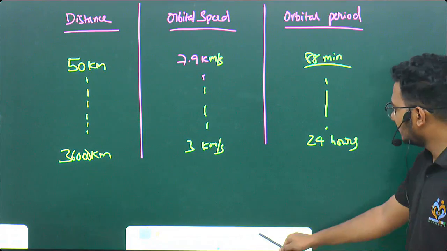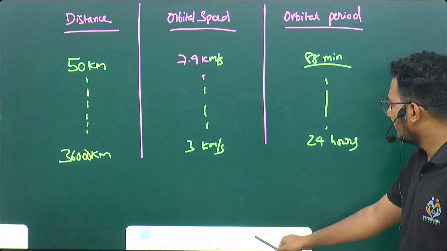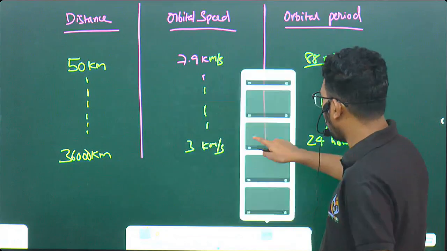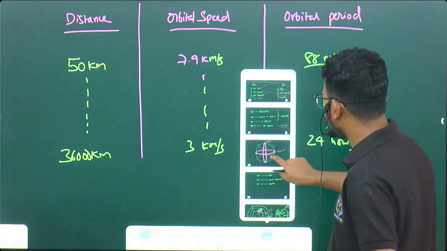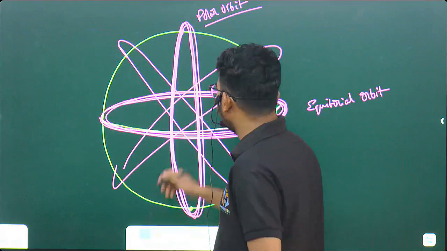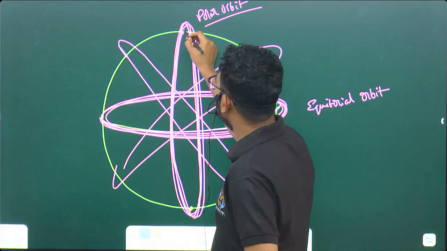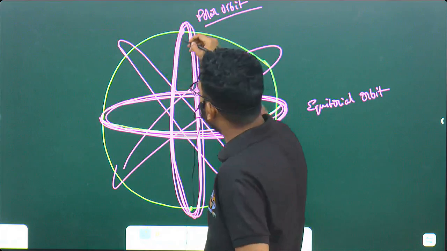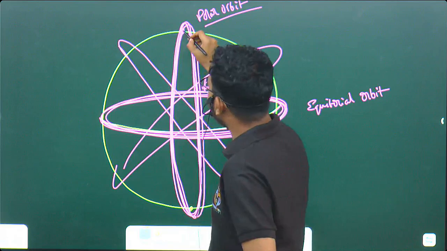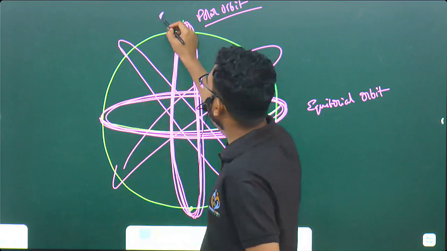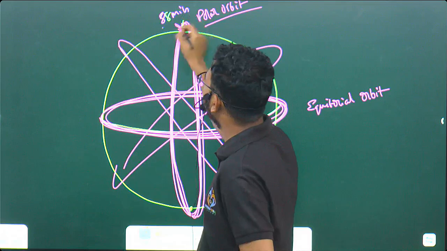Okay. Which means, see, here my point is, if I'm placing a satellite here at 50 kilometers, after 88 minutes it will cover the distance and come to the same position again, after every 88 minutes.